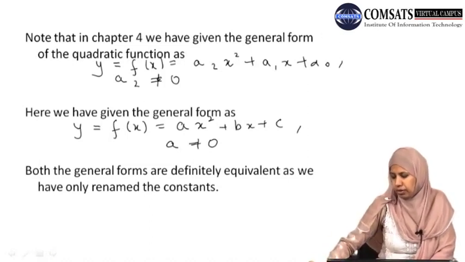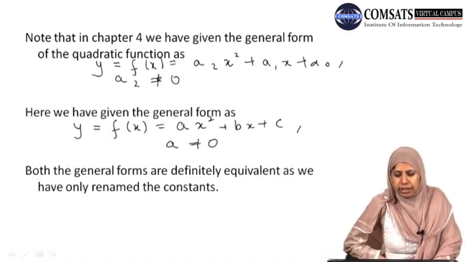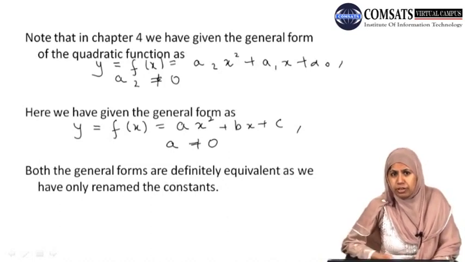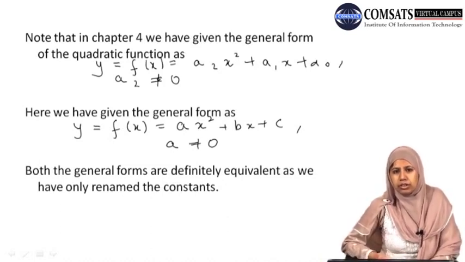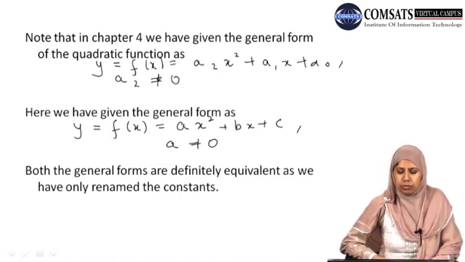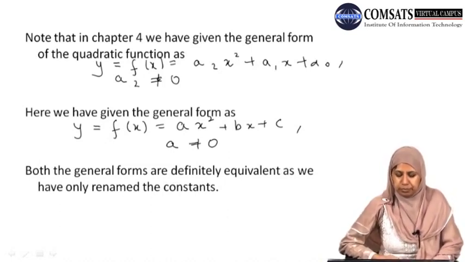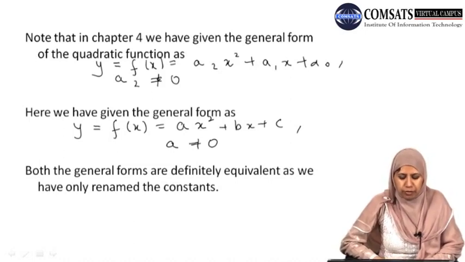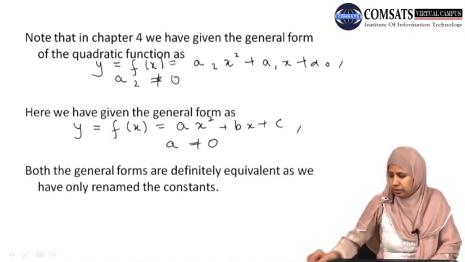So a question arises: are these two different general forms of a quadratic function or the same forms? Actually, both the general forms are definitely equal, and we have only renamed the constants.